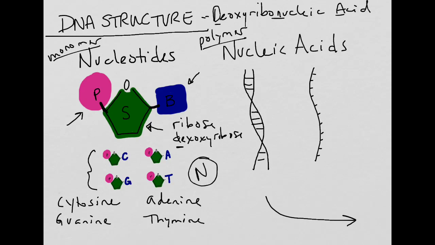So the polymer is the nucleic acid, and this one here that looks like a twisted ladder is my version of DNA, deoxyribonucleic acid, and I will be referring to it as a ladder-like structure. So we'll often draw it like that, and I'll talk about the rails of the ladder, the rails being the sides, and the rungs of the ladder, the rungs being the part, if it were a ladder, that you would actually climb.